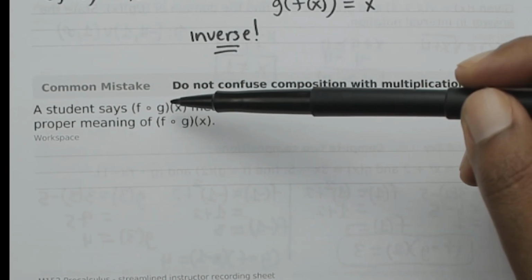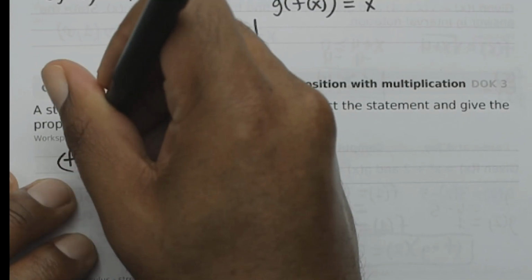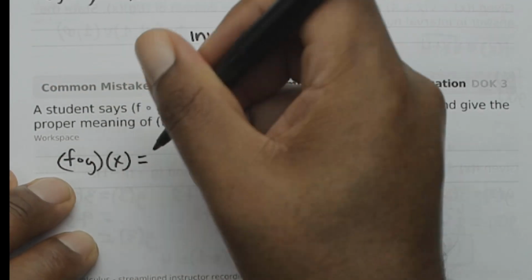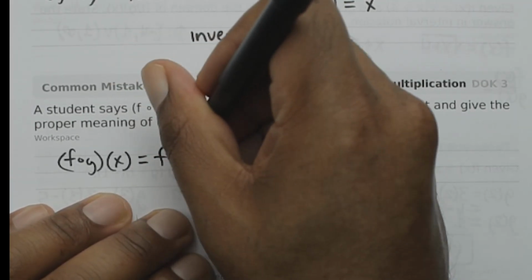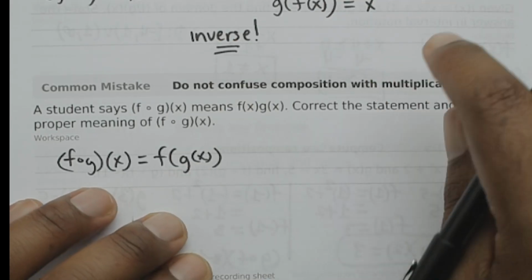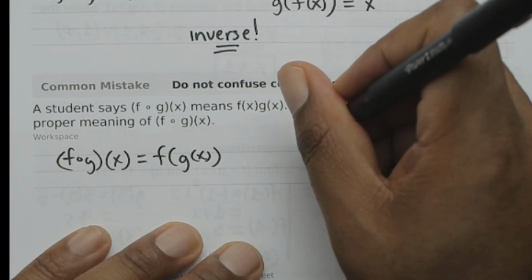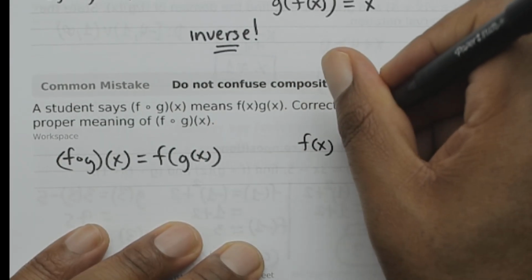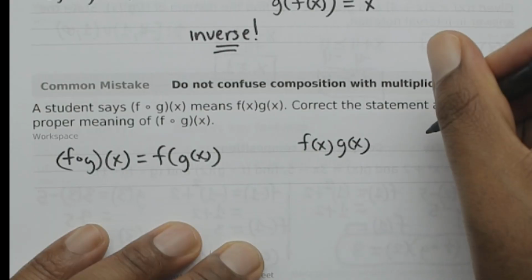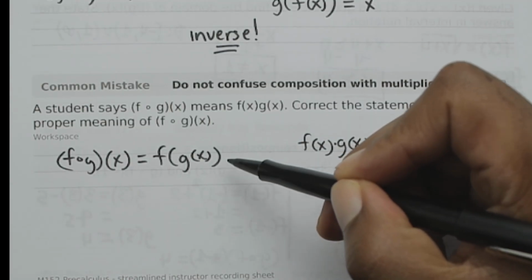This is a composition. This is f of g of x. This means g of x is going into the function f. That is not the same as f of x multiplied by g of x, because those two things are being multiplied together, and that's completely different from this right here.